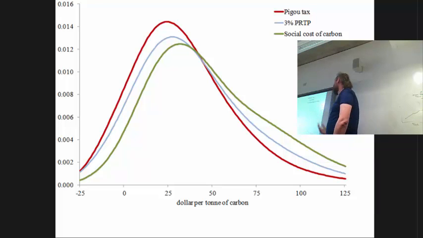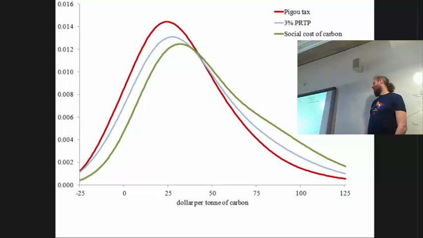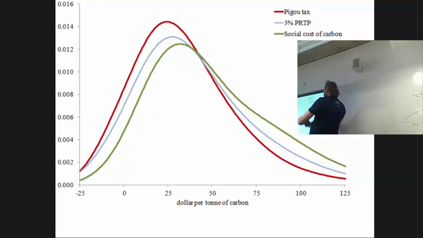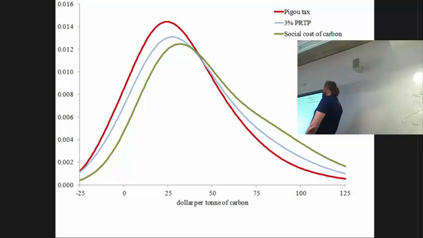And what you see is that indeed, if we do not just estimate the carbon tax but also impose it, we slightly shift to the right; that is, we would impose a carbon tax that is slightly below our estimate of the social cost of carbon, but the blue and the green, of course, have a lot of overlap in their support. The other thing that you notice is that also here the bad tail is fatter than the left tail.